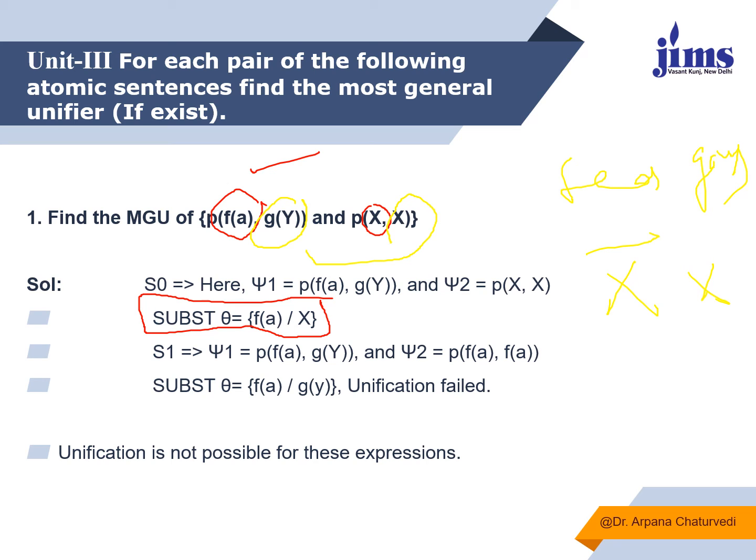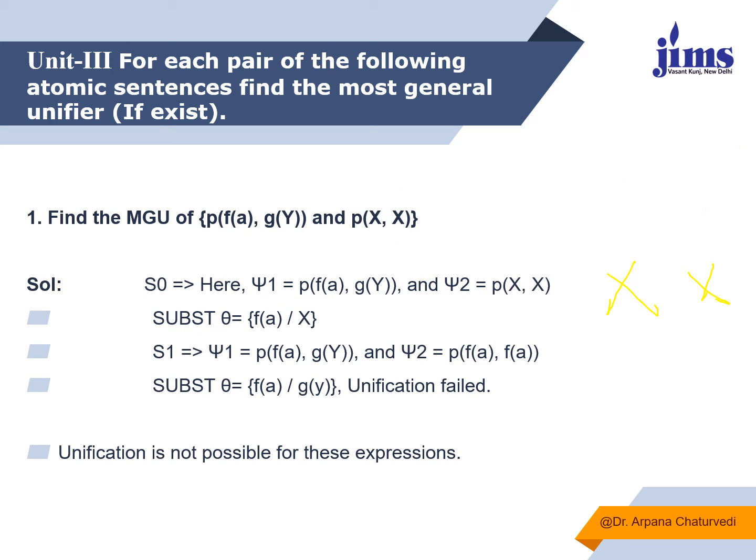That's why this unification will fail. The rest of the conditions are easily applicable over here: the predicate name is the same and the number of arguments is the same. But the same variable appears as the two arguments in one particular predicate, so in this case it is not possible to unify the given set of statements.